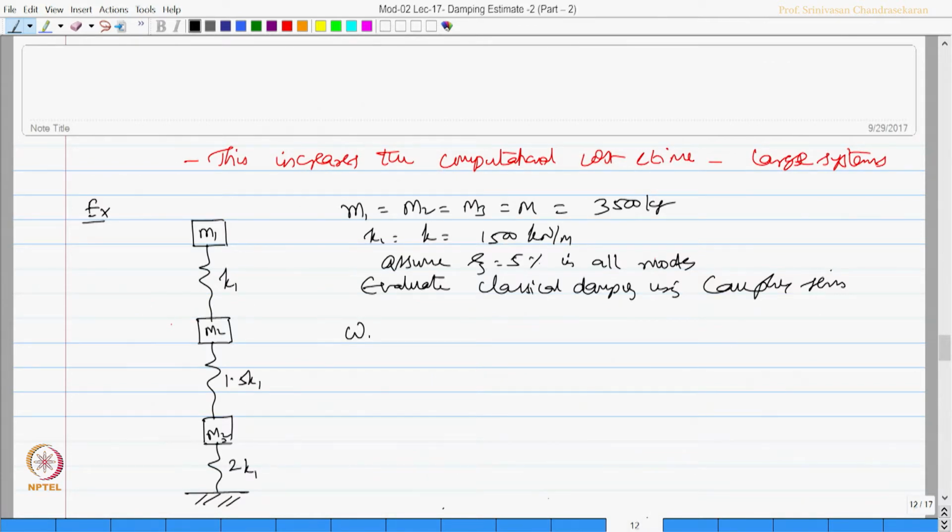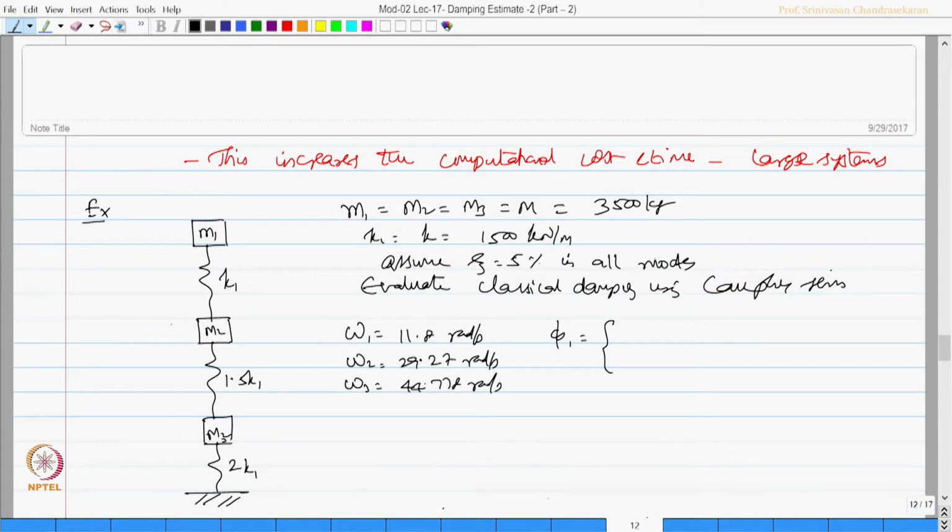We all know that omega 1 for this problem is 11.8 radians per second, omega 2 is 29.27 and omega 3 is 44.778, and the corresponding mode shapes also are known to us.